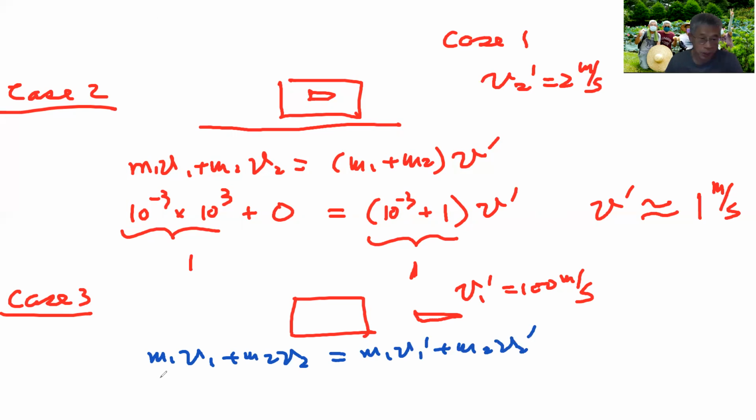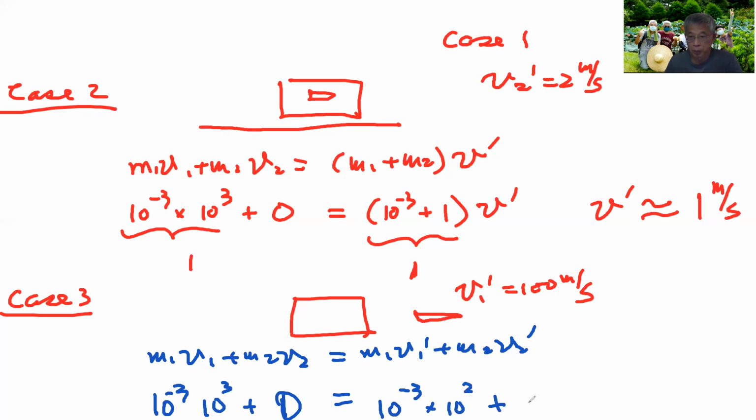Okay, let's take a look. So this one here is 10 to the negative 3 times 10 to the 3, plus m2 is 1 times 0, and that's equal to m1, which is 10 to the negative 3, and it continues positive, right? But it's 10 to the 2, and then plus m2 is 1 times v2 prime, okay?